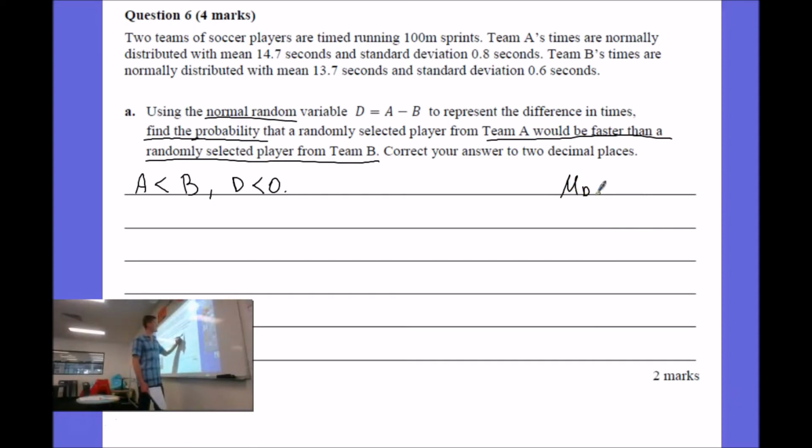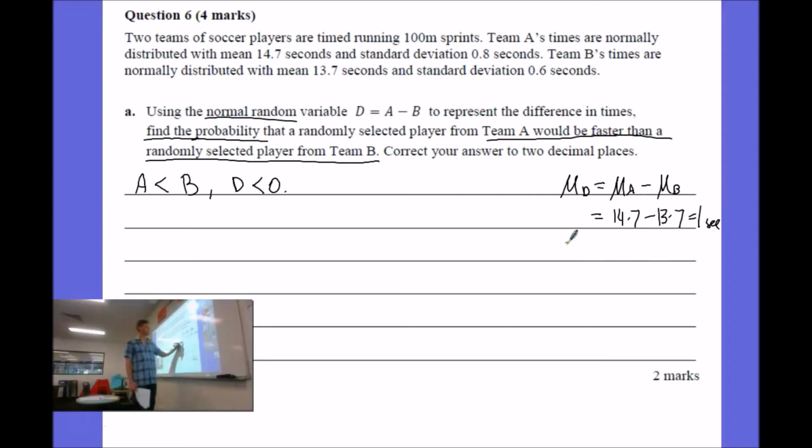The mean of D will be made from the mean of A minus the mean of B. This comes from the linear transformations on random variable D. That will give us 14.7 minus 13.7, which is 1 second.